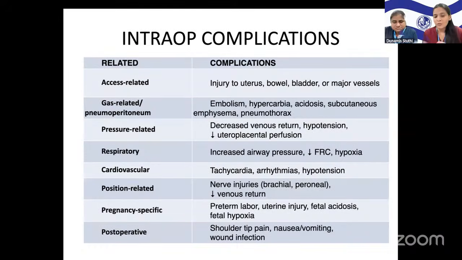Pregnancy specific complications that we can foresee are preterm labor, uterine injury, fetal acidosis, and hypoxia. Postoperatively, the complications that we can anticipate will be shoulder tip pain due to carbon dioxide insufflation, nausea, vomiting, or wound infection. How will you diagnose gas embolism intraoperatively?